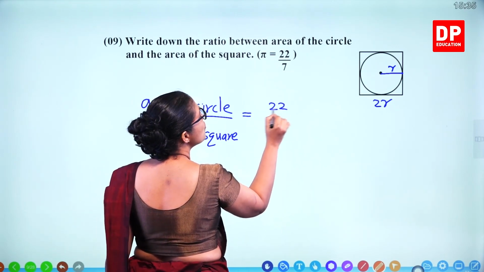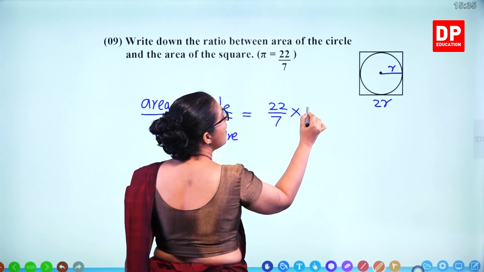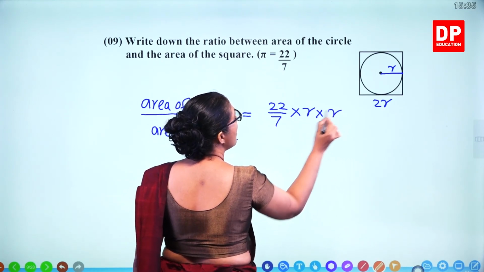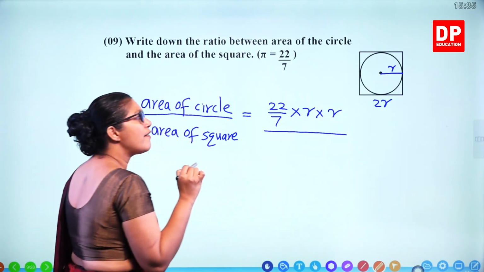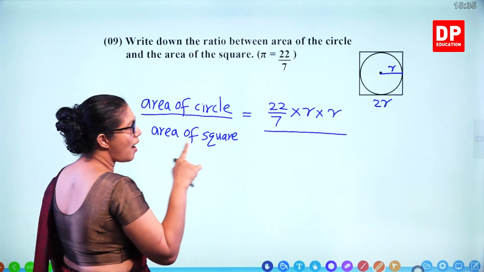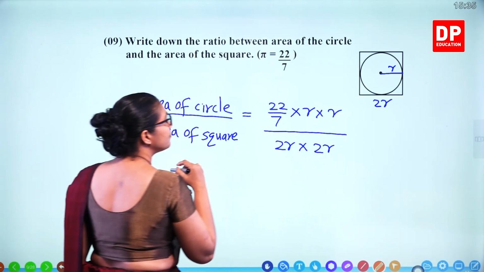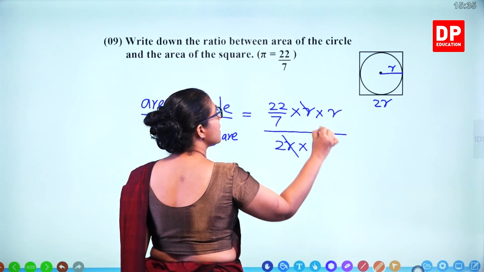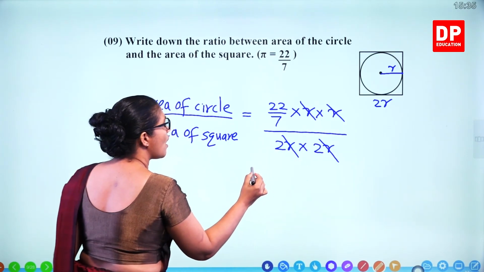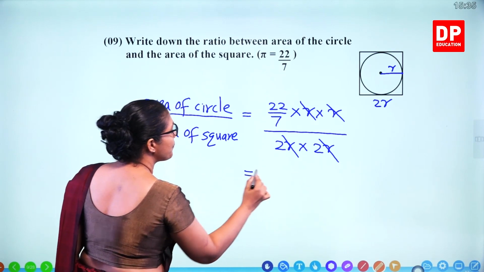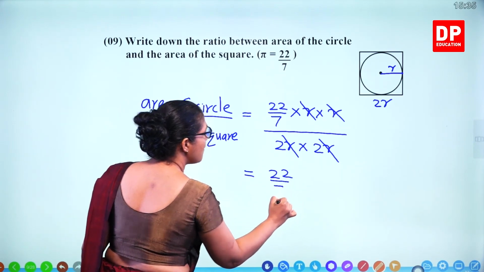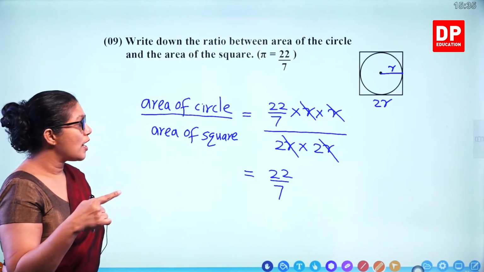Now substitute the values. Pi, that's 22 over 7, times r squared. What's the area of the square? 2r is one side, so 2r times 2r. Now simplify, this r gets cancelled out. So you get 22 over 7 divided by 2 times 2, 4.